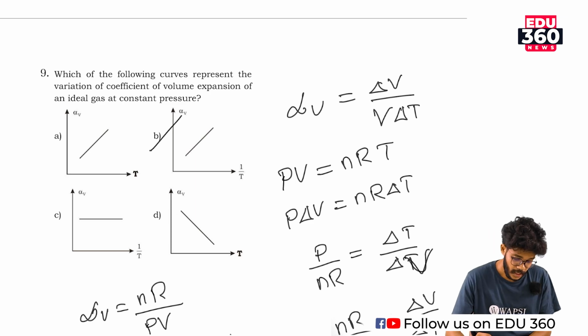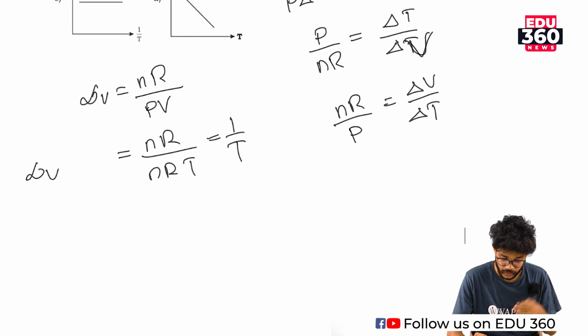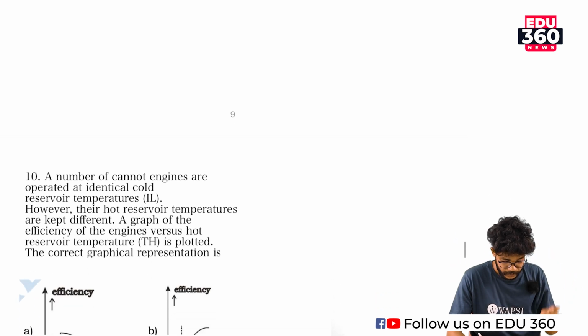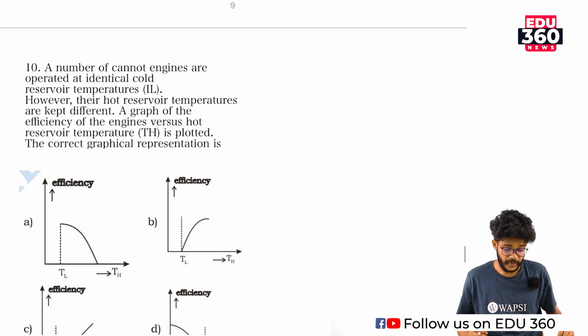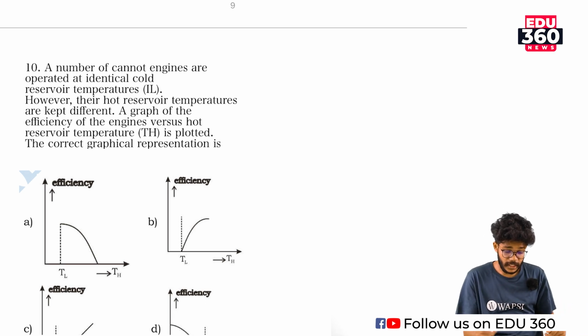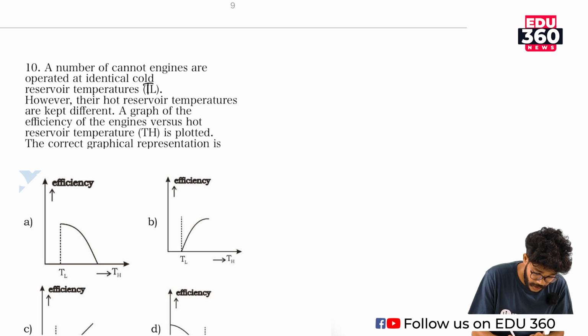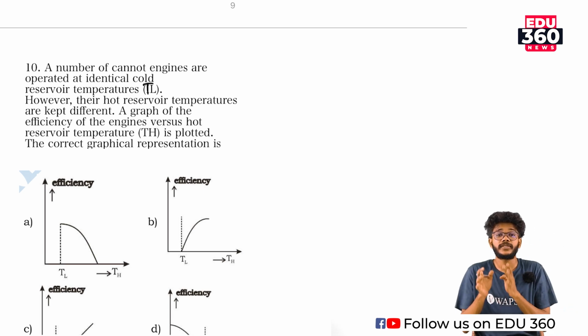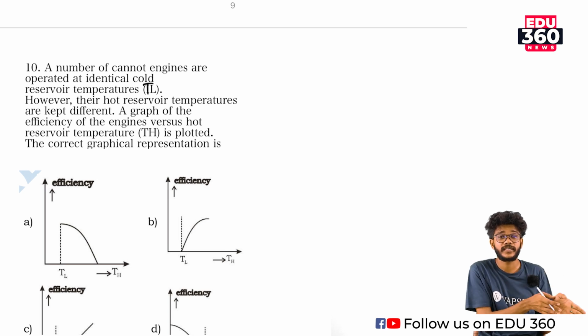Okay, so we can move to the next question. 10th: a number of Carnot engines are operated with identical cold reservoir temperature TL. TL is the temperature which is very low, that means the cold reservoir.